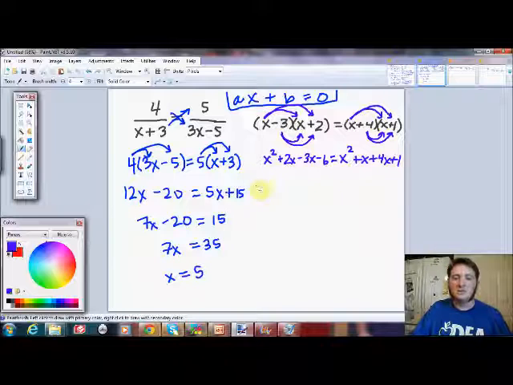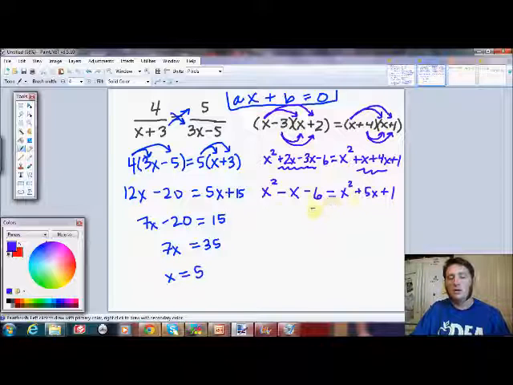Combining like terms on each side, we would have x squared minus x minus 6 equals, we just combine our like terms right there, x squared plus 5x plus 1. We want to get our x squareds together, so we'll subtract x squared on both sides. A lot of you have probably already figured out these x squareds end up canceling each other out.